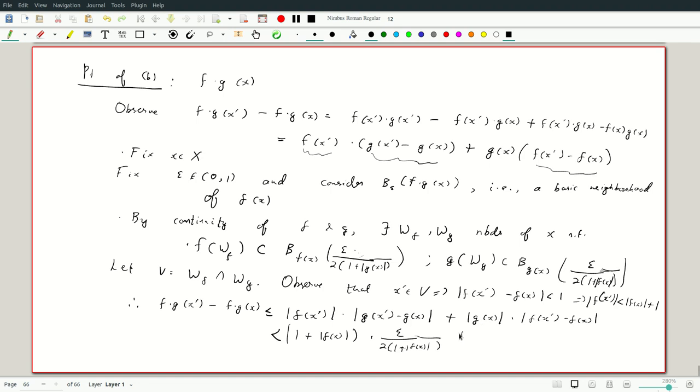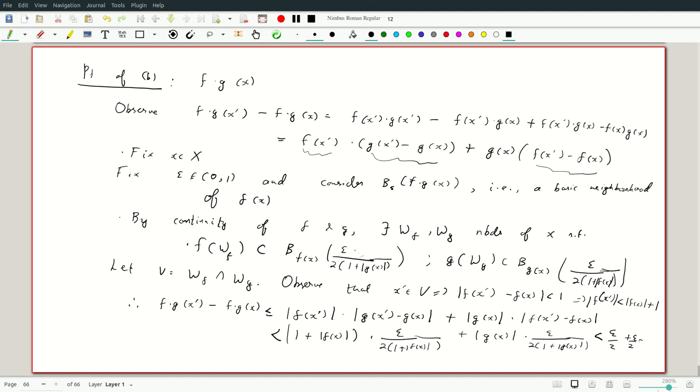And the other term plus mod g of x, and this one is easier, this is epsilon by 2 into 1 plus mod g of x, and which is in turn less than, the first term is less than or equal to epsilon by 2, and the second term is less than epsilon by 2, strictly less. So this is, well, the last thing is equal to epsilon.